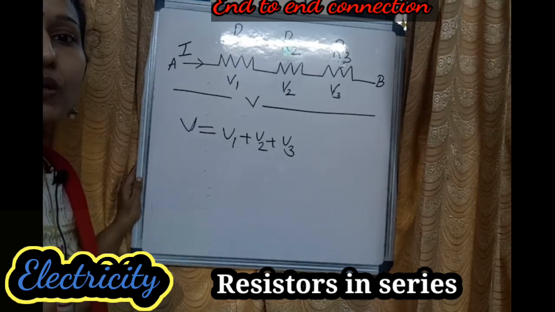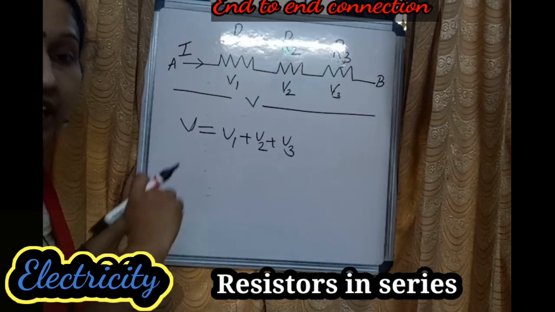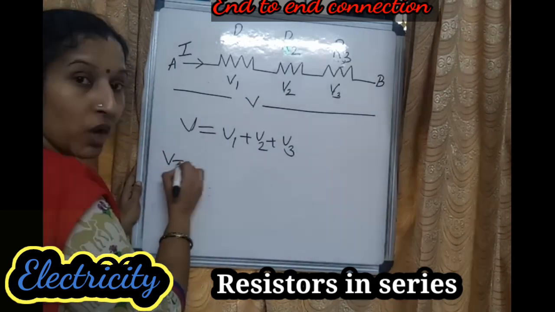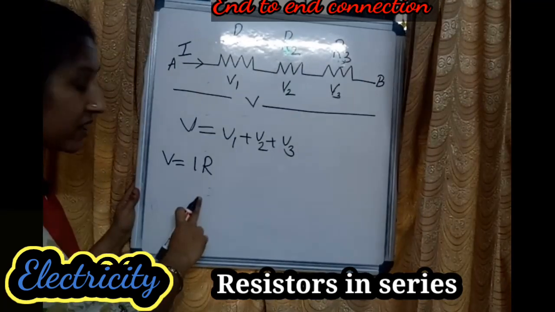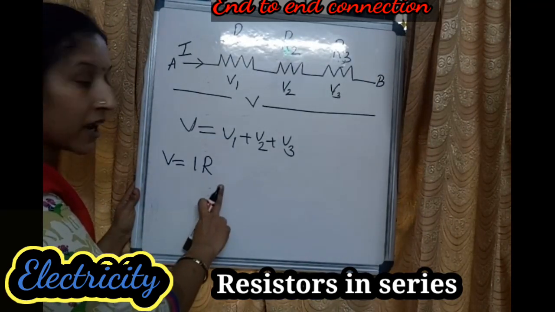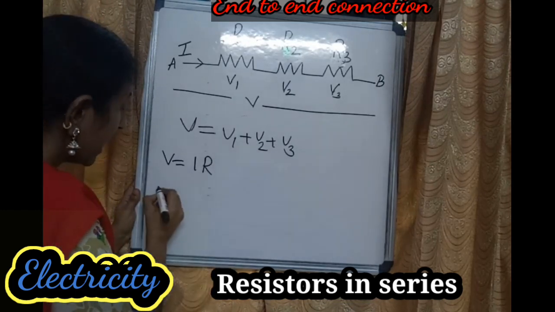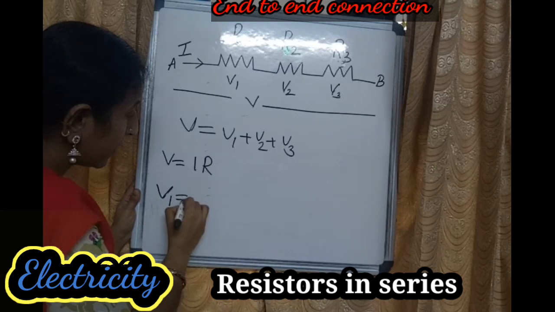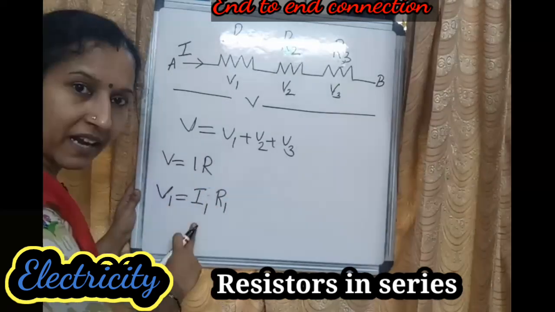Okay, next we can use the Ohm's law equation for V. What is the Ohm's law equation for V? V equal to I into R. So this is the Ohm's law equation for potential difference. Then next step, you have to make the equation for V1, V2 and V3. What is the equation for V1? I1 into R1. Is it correct?